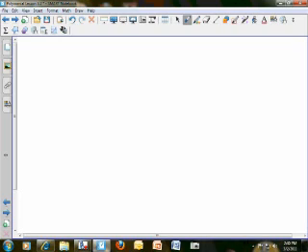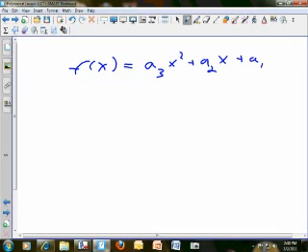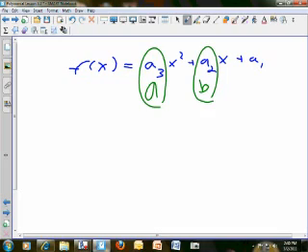If I have a squared, so my f of x, instead of writing a, we're going to call that a sub 3 x squared plus a sub 2 x plus a sub 1, where these are 3 different variables. This is my a, the regular a, this is still my b, and this is still my c. It's just that we don't have enough letters to do it, so we always have an infinite number of numbers, right? So these are 3 totally different variables.